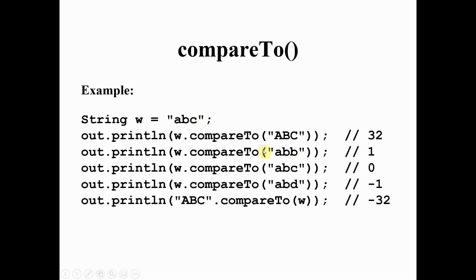And if you do c minus b, it would technically subtract their codes, but they're 1 apart, so the answer is 1. And the fact that it's positive means abc is bigger, which it is. I know they're not really words, but if you put them in the dictionary, abc would come after abb. And if you compare abc to itself, of course you get 0. And if you compare abc to abd, it's going to subtract c minus d and get negative 1, which tells you abc is smaller, or it comes first.